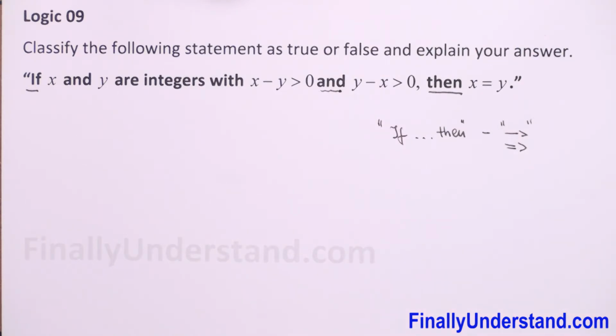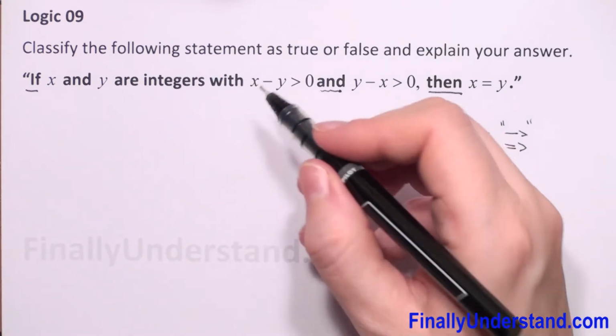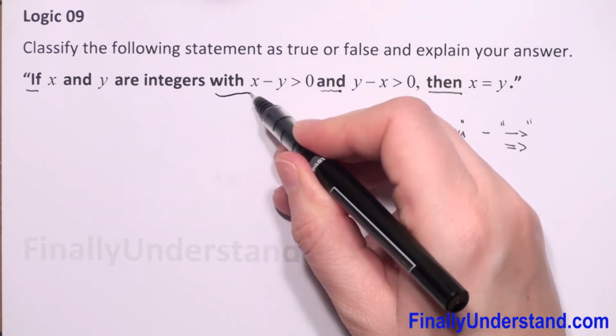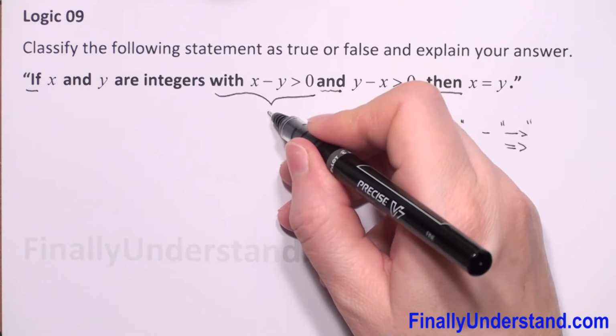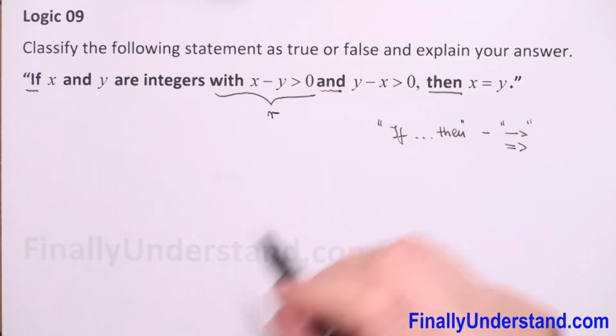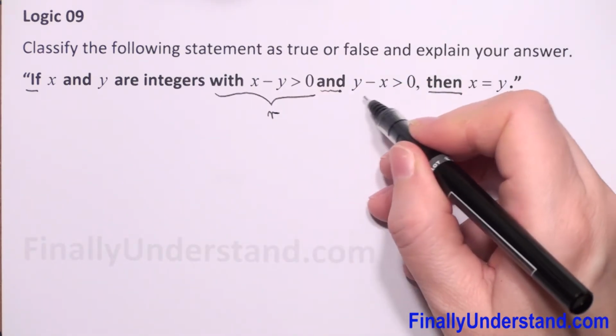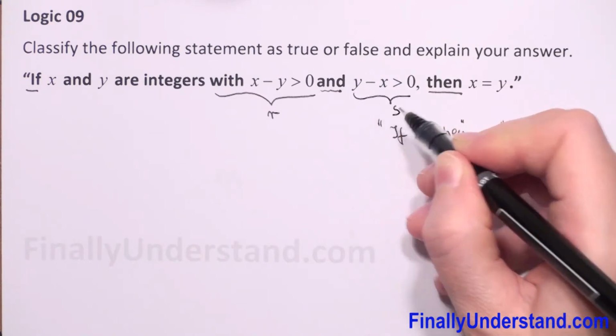Let's first find simple statements. Because we have the word "and", the first simple statement, x minus y greater than 0, will be our, for example, r. Next, y minus x greater than 0 will be our s.